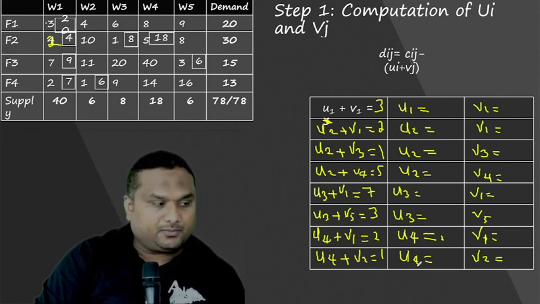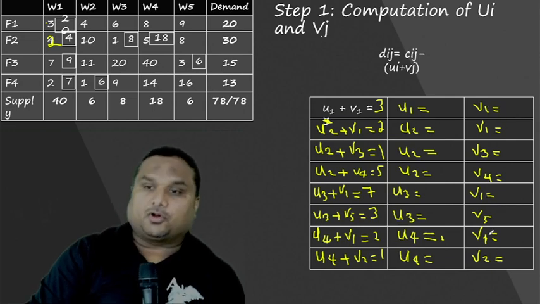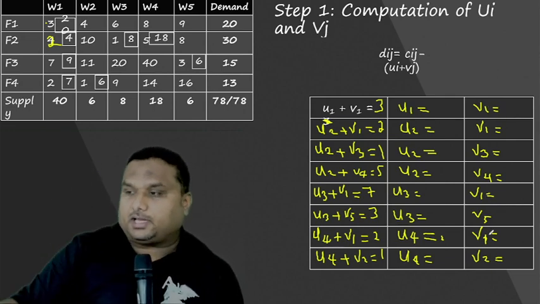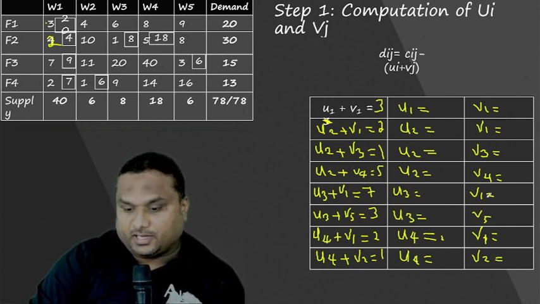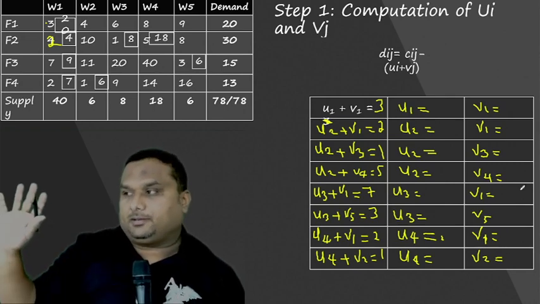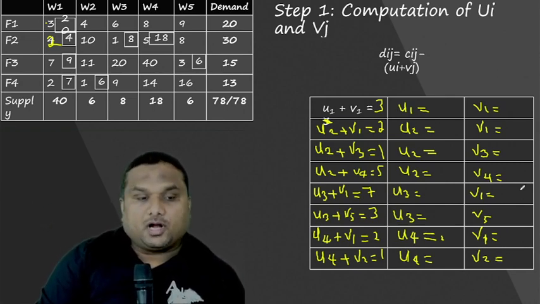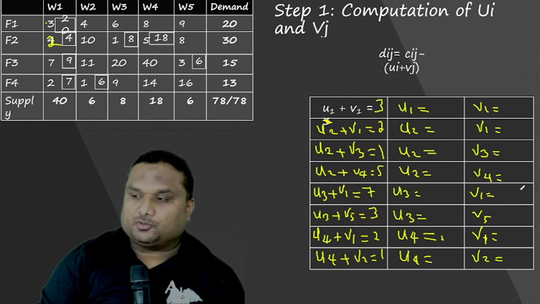U4 appeared 2 times. V1 appeared 1, 2, 3, 4, so 4 times. V4 only one time. V3 only one time. V2 only one time. Now, if you want to get the answer easily and fast, what are you supposed to do?